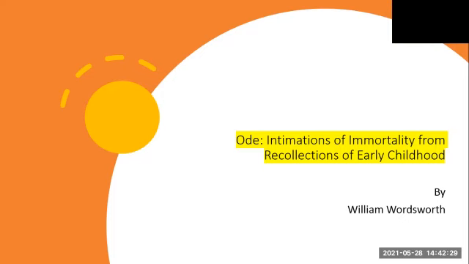The title is long, as you can see, and this is the full title of the poem, yet usually readers and critics refer to this poem by the name of Intimations of Immortality.